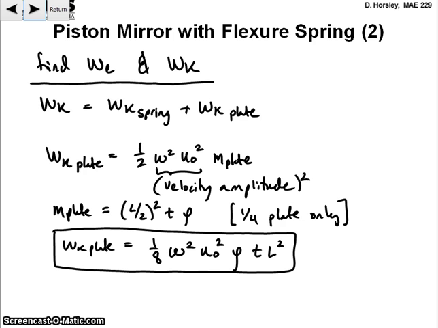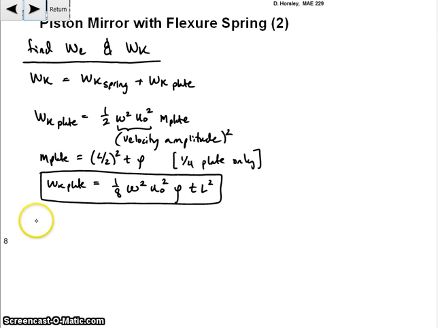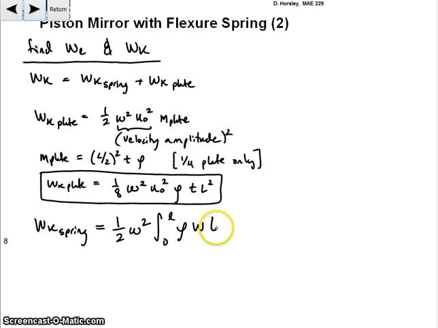And now the kinetic energy for one spring. Remember, we're going to find this by integrating. I wrote this formula on a previous slide: 1/2 omega squared times the integral from 0 to L of rho times the area, which is W times T, times U squared of X dx. So this is the mass part, and then this is the displacement function squared.